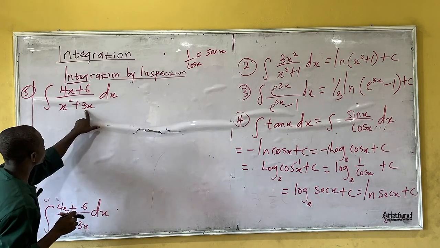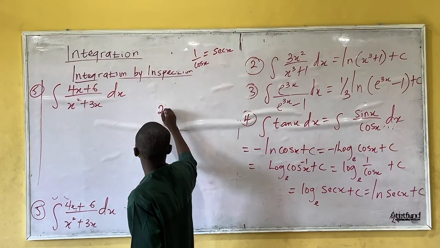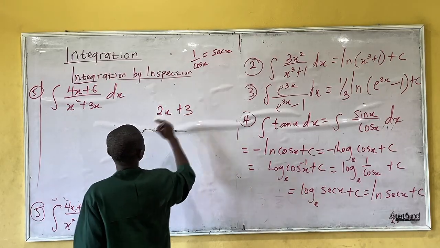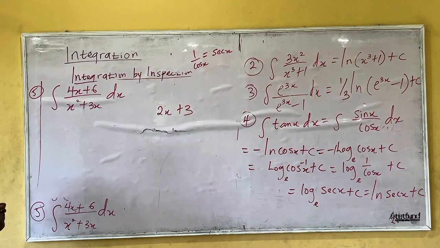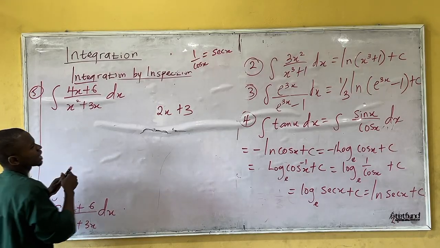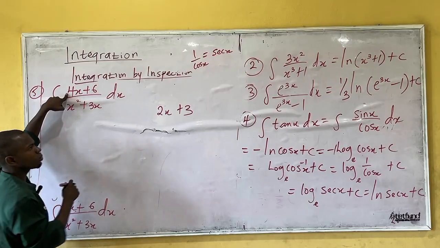If I differentiate the denominator, it will give me 2x for this, and if I differentiate 3x, it will give me plus 3. Although it is somehow similar, if you observe very carefully, you will see that this answer is related to the numerator by 2 times.